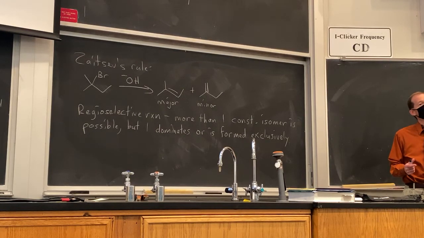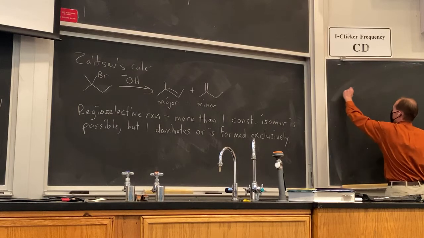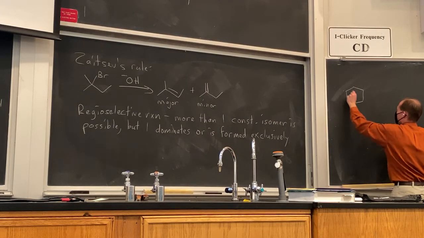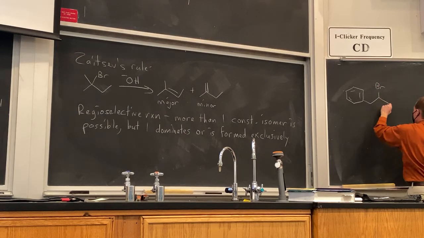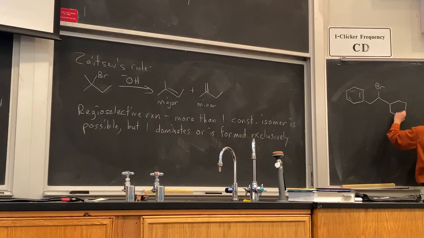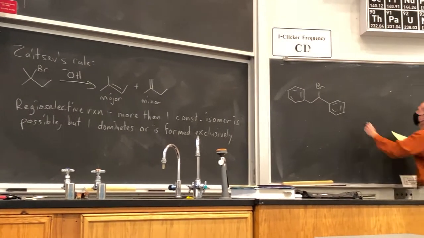But we have other types of dehydrohalogenations where we have more than one stereoisomer that is possible. So let's draw an example of that. Let's take this alkyl halide where we have just one type of beta hydrogen over here.